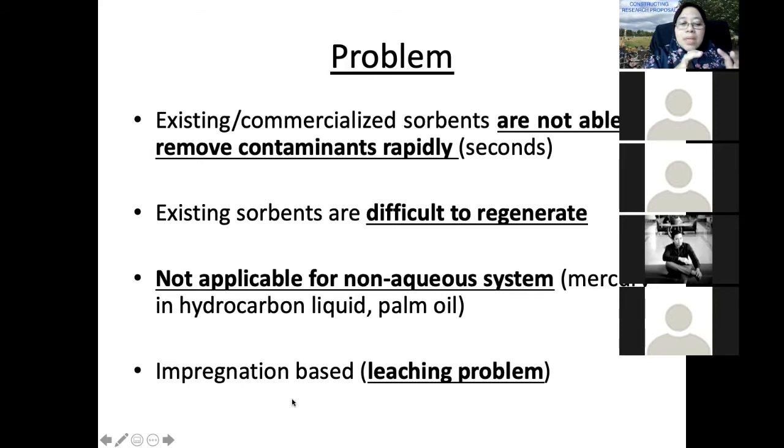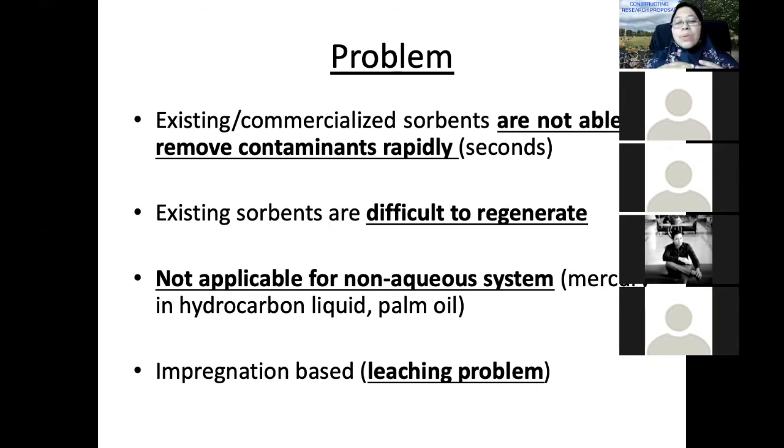Because of the nature of activated carbon, they did chemical modification on its surface, and whatever chemical modification they did is prone to leaching problems. Once they trap the mercury on the activated carbon, along the process it might leach out.